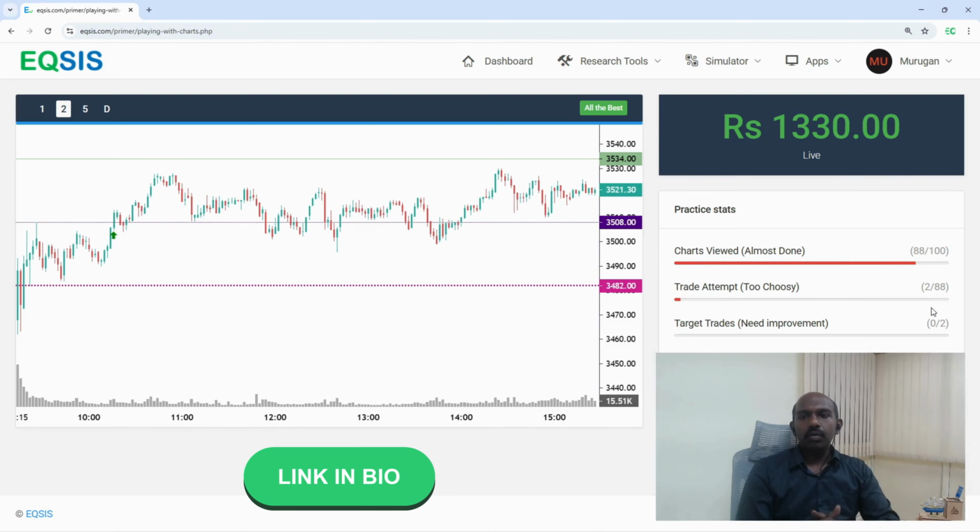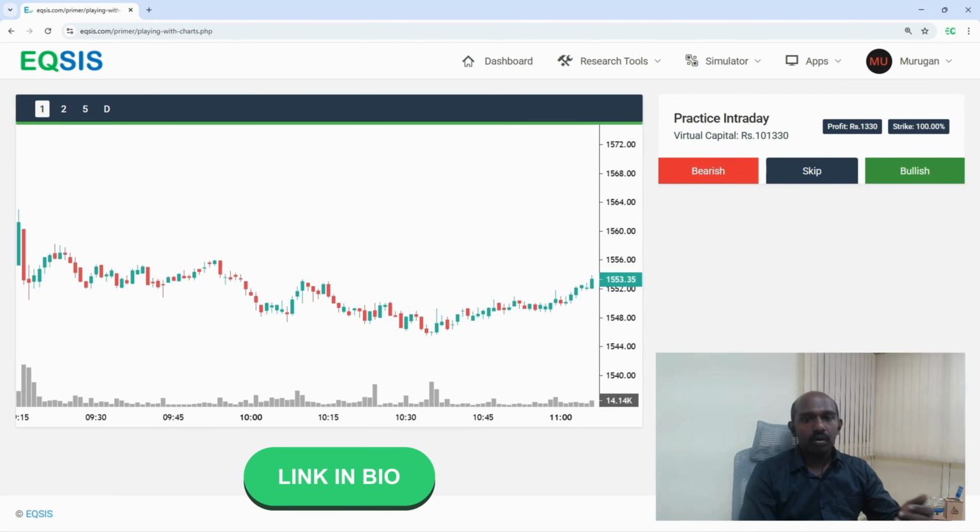So if you look at this particular one, it ended up with some profit, but it didn't reach that particular target. Am I right? So it exited within the day, but it still ended with a profit of 1330. If you want to try other charts, you can still try other charts. It shows my strike rate and the profit that I made today out of my practice. Every day this gets refilled.